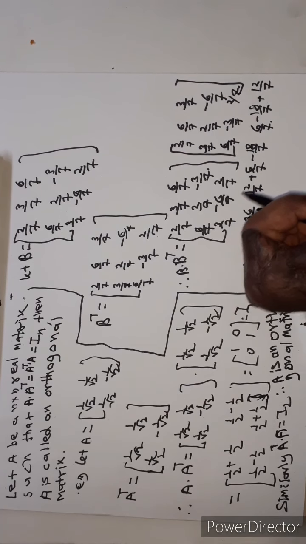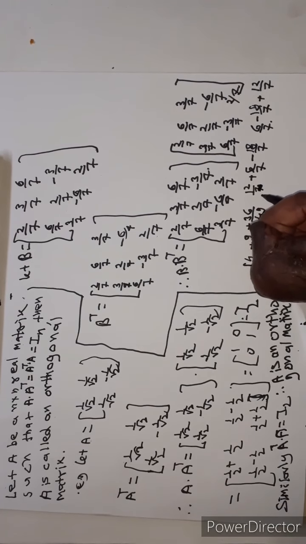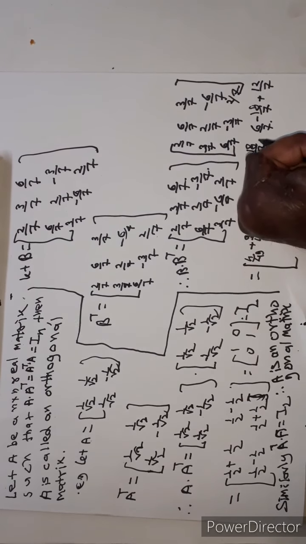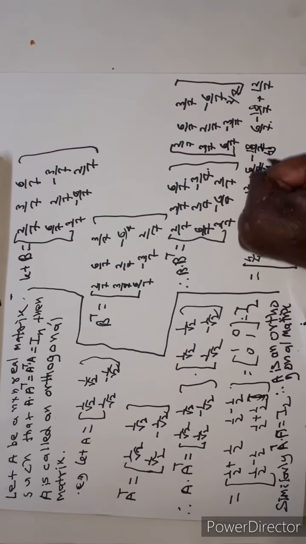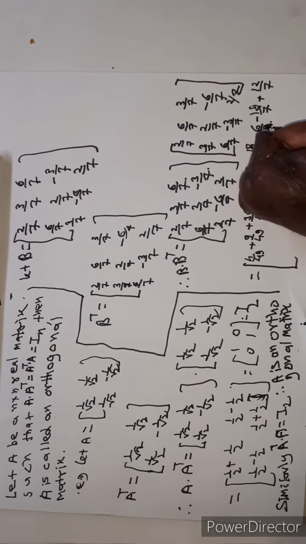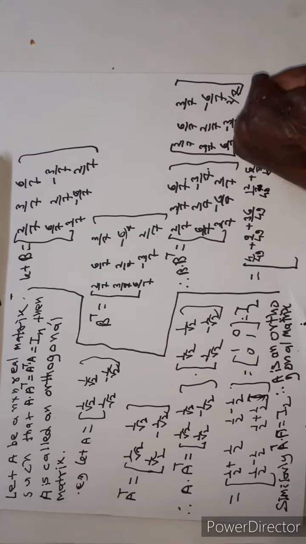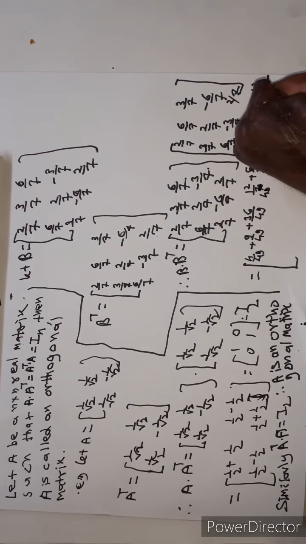49. Here 12 by 49, 6 by 49, 18 by 49, either 6 by 49 minus 18 by 49, 12 by 49.